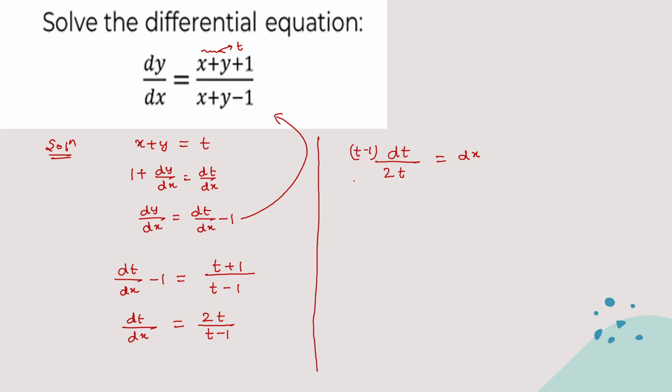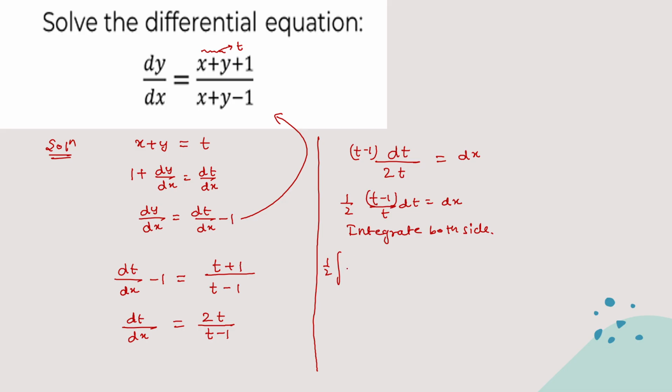Cross multiply, right? Take t terms on the left side, x terms on the right side. So let's write like this. 1 by 2 is outside, t minus 1 by t into dt is equal to dx. Now integrate both sides. So when you do the integration, 1 by 2 is here.